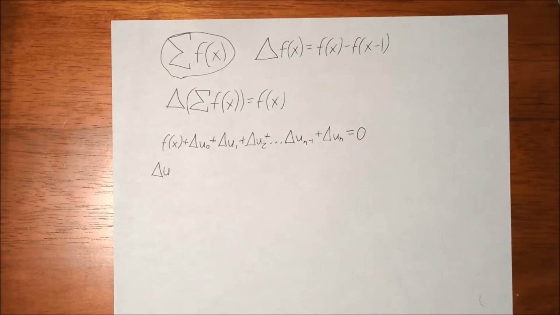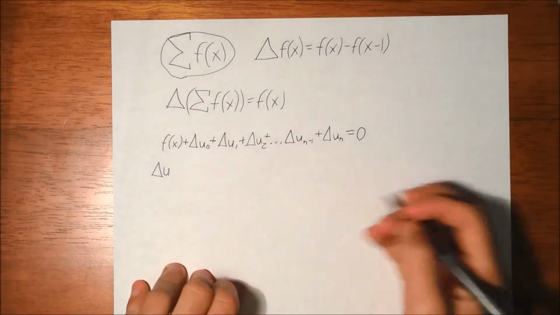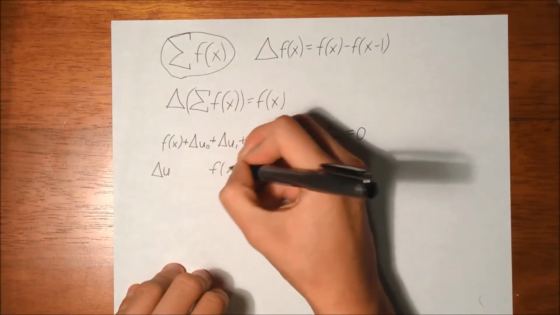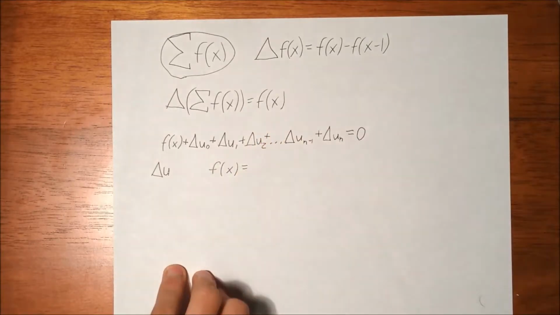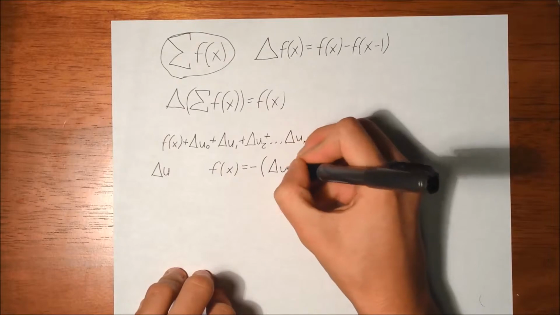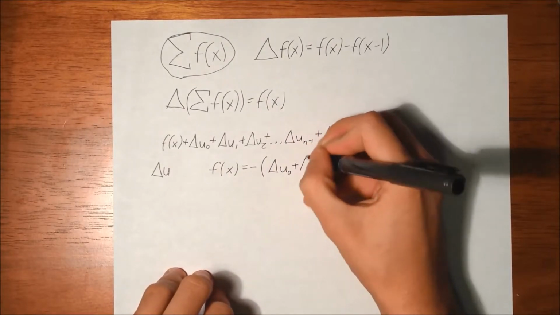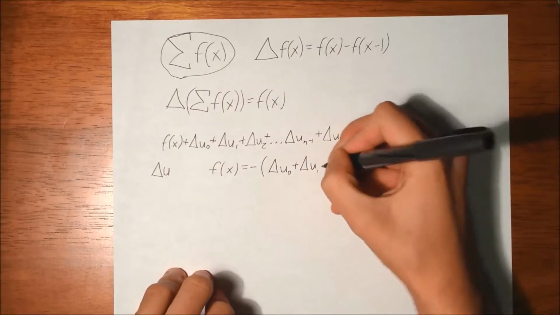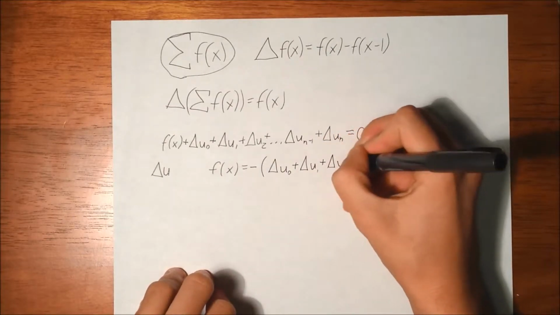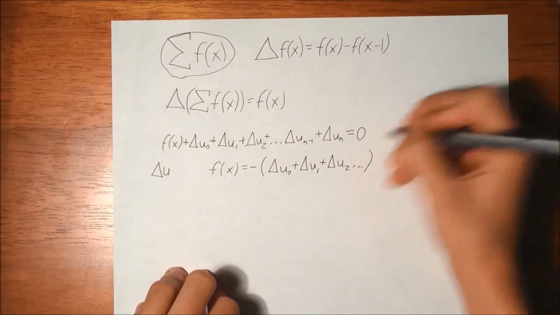And then what this shows is that f of x is going to be equal to negative the addition of all these u's. And so on.